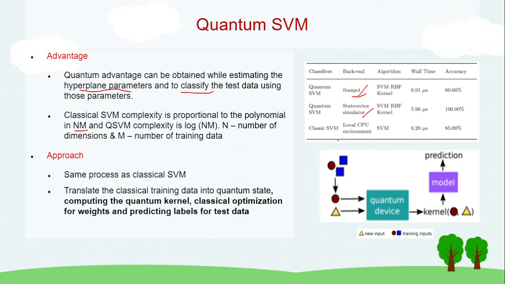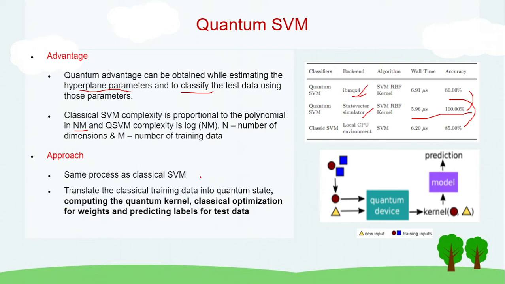And they also verified in a classical way using an ordinary CPU. You can see here this gives the best result in terms of accuracy and speed. Research is going on in quantum computers so that they will soon match this. But currently classical SVM is better than the quantum computer, though not compared to the simulator.